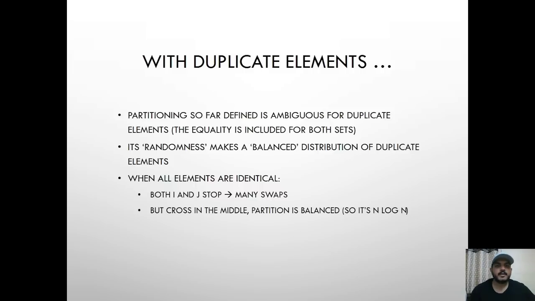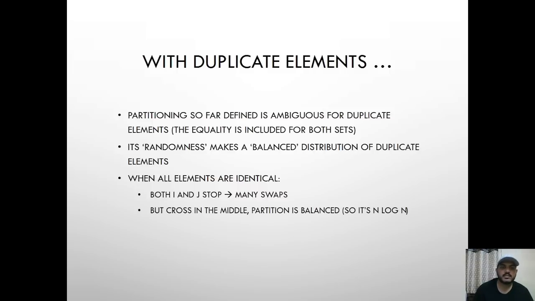Next, with duplicate elements, the partitioning as defined so far is ambiguous for duplicate elements. The equality is included for both sets, and the randomness makes a balanced distribution of duplicate elements.